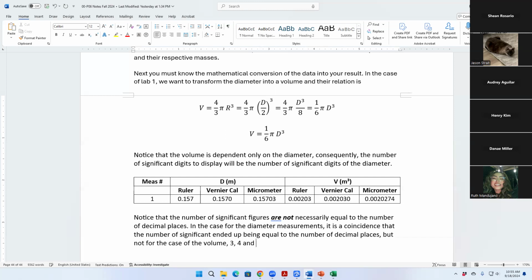3, 4, and 5 sig figs for the ruler, vernier caliper, and micrometer respectively. And 5, 6, and 7 decimal places for the ruler, vernier caliper, and micrometer respectively.